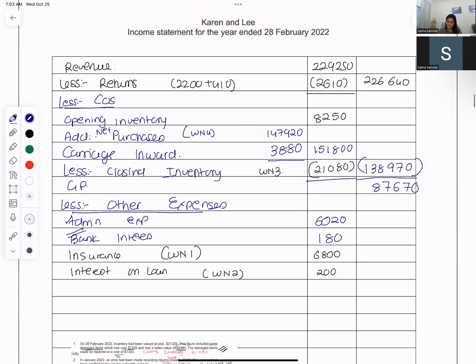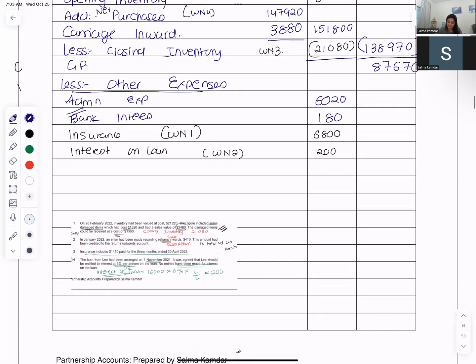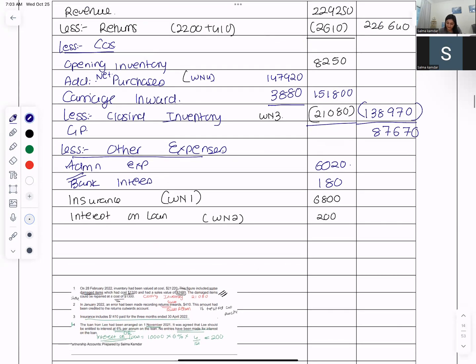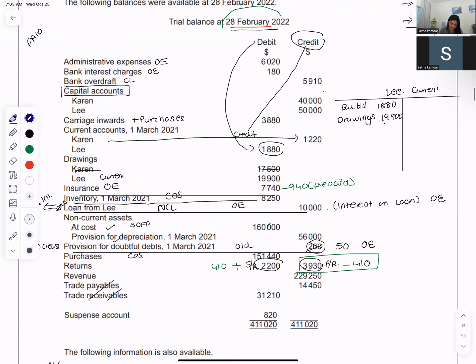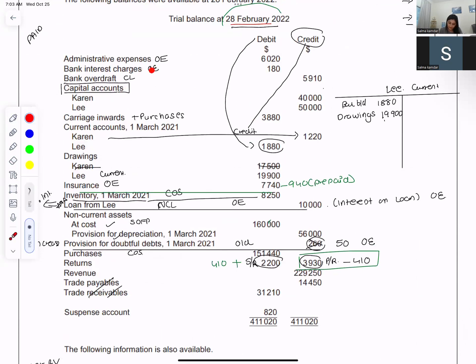In that, when I subtract my other expenses, administrative expenses, bank interest, insurance, interest on loan. Before that, I will go through the sum above and see if I have any other expenses. So administrative, interest, insurance is done, interest on loan is done.